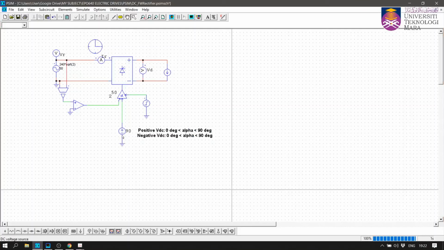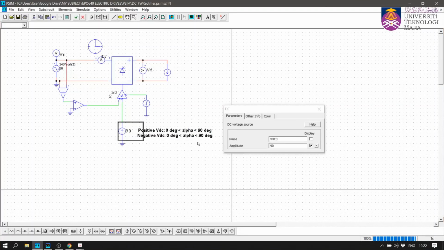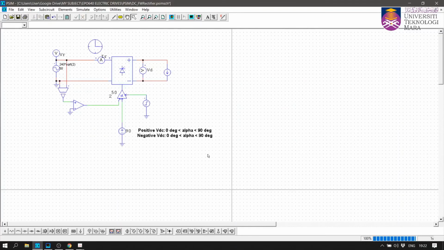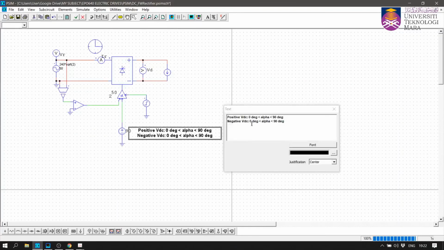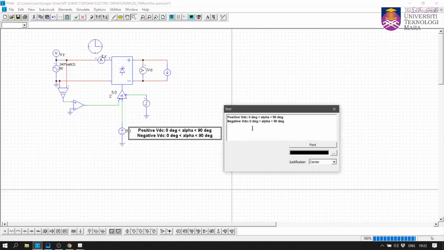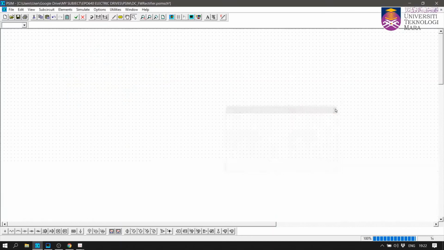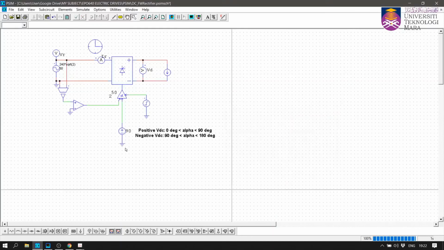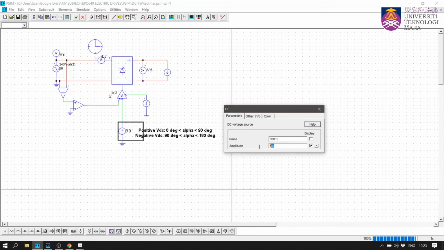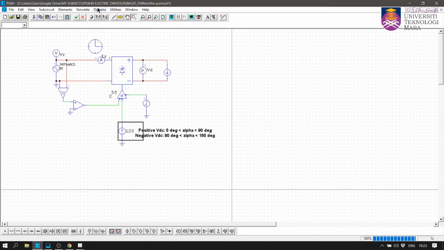What happens if you exceed that 90 degrees? Oh, this is wrong. This should be 90 degrees up to 180 degrees. So let's say we change that to 120 degrees, going beyond 90 degrees.